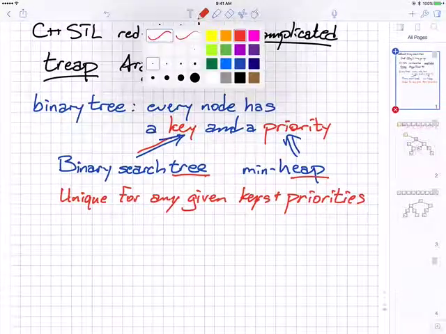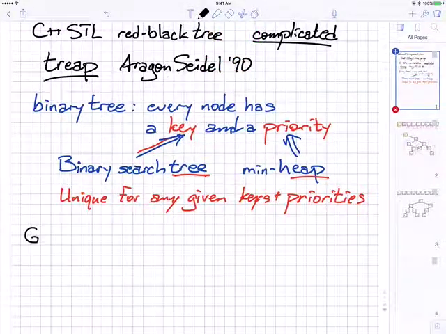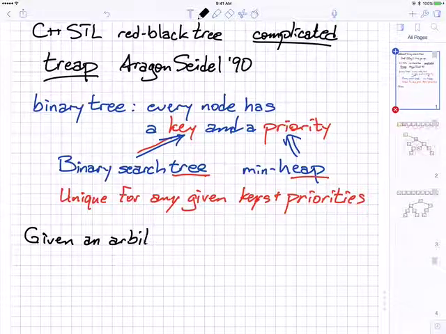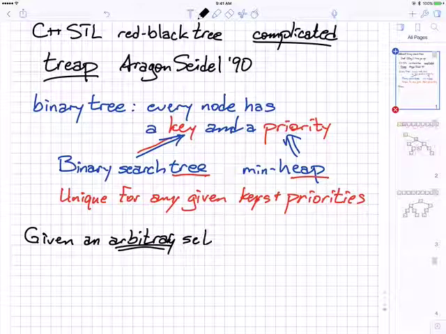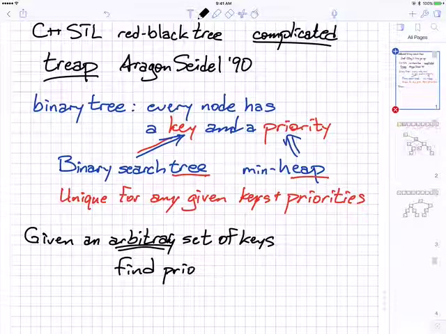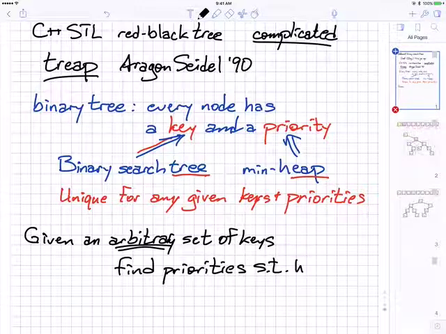So what we want to do is to say, given an arbitrary set of keys, I would like to find priorities so that the resulting tree is balanced.